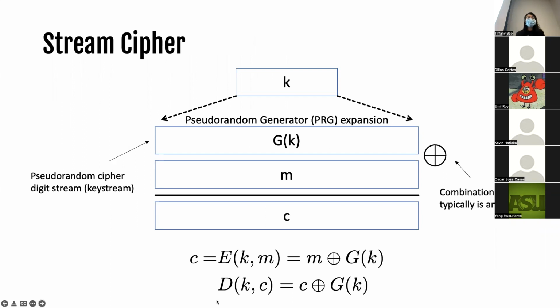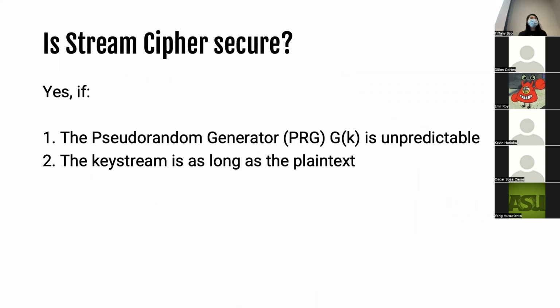So you decrypt the ciphertext with the key K, and then it should be equal to the message. To decrypt the message, you basically use the ciphertext and XOR that with this expanded pseudorandom generated number. So that's this G of K. Yeah, sure. All right.